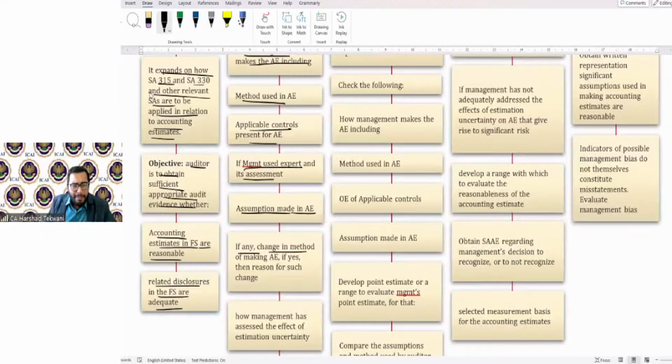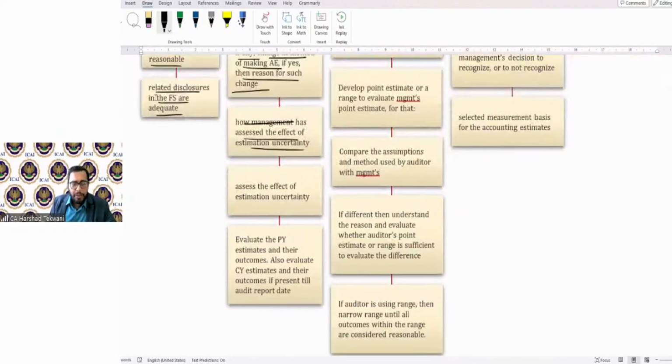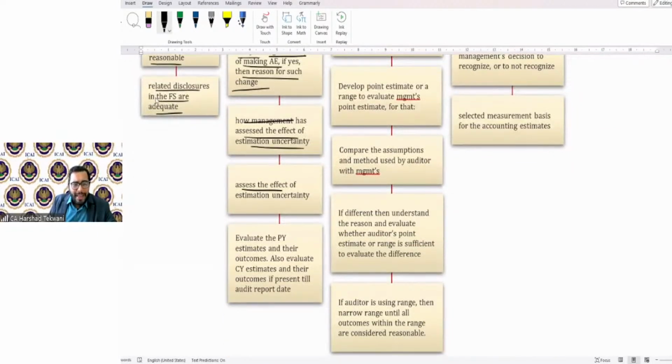If there are any changes in the method of making the accounting estimate, you need to understand the reason for such changes and how management has assessed the effect of estimation uncertainty. You need to evaluate the previous year estimate and its outcome. Also, you need to evaluate the current year estimate and its outcome, if present till the date of audit.